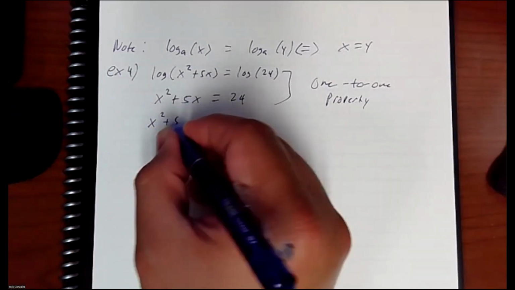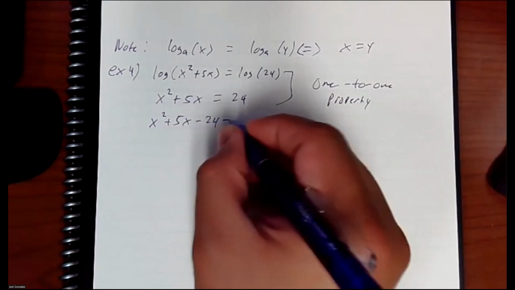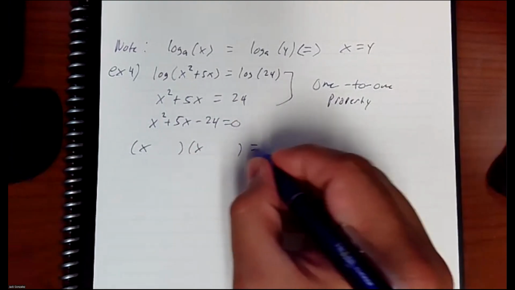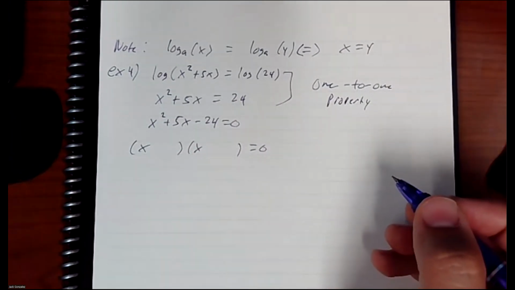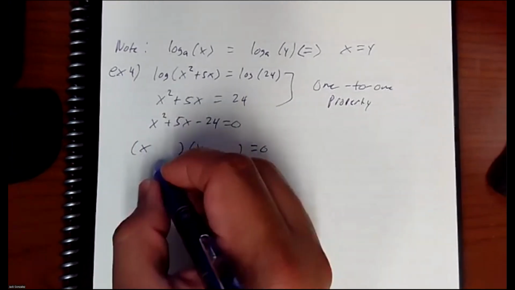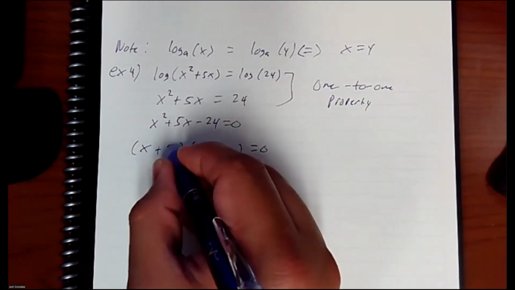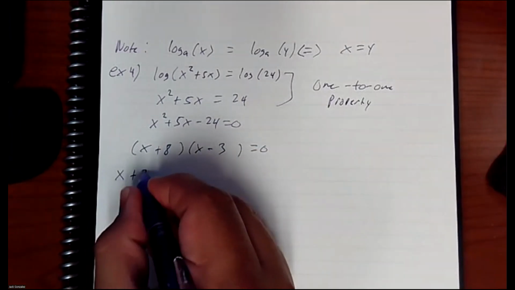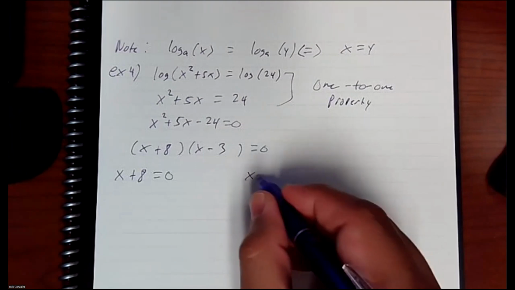So subtract the 24, factor, factors of negative 24 that give me a 5. There. Now, here there will be an extra step.